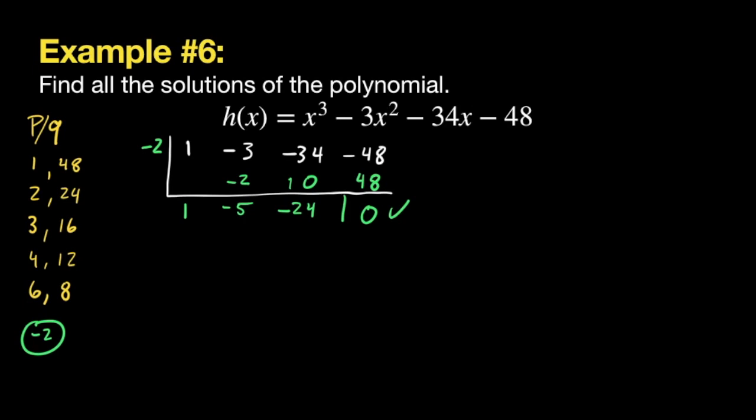That's our first one. In this case, since we already have only 3 terms, you are actually able to solve this problem slightly differently. From synthetic division, we know that this is x to the second minus 5x minus 24, and we need to make this equal to 0. So we can approach these problems in different ways.